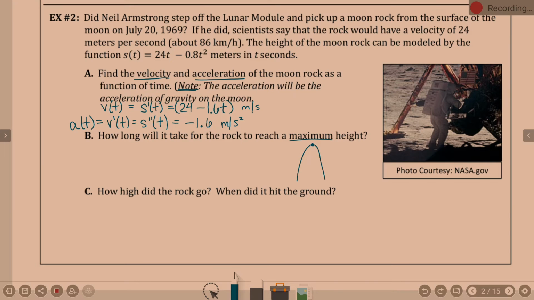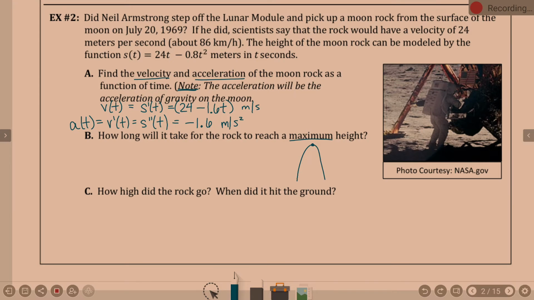Both lead us to the fact that slope is 0, which is what in this situation? Velocity. Okay, velocity is the first derivative, yes. So velocity is more along the slope. Velocity is similar to speed. When you hit a turnaround point, your speed goes to 0. Your velocity goes to 0.